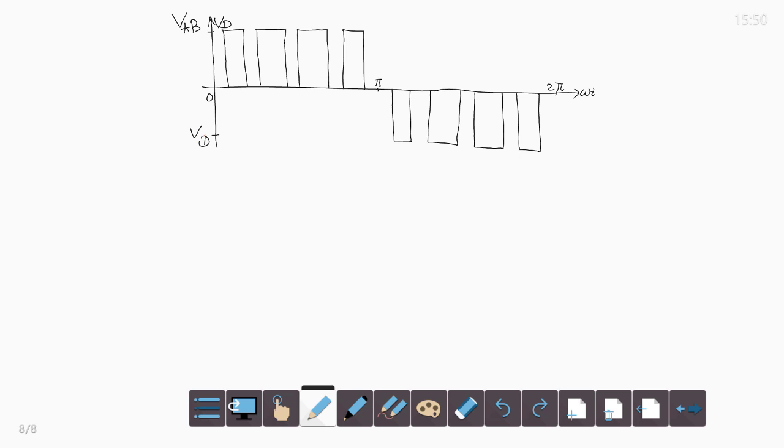The line voltage waveform is like this, and the scheme of the PWM inverter can be like this.